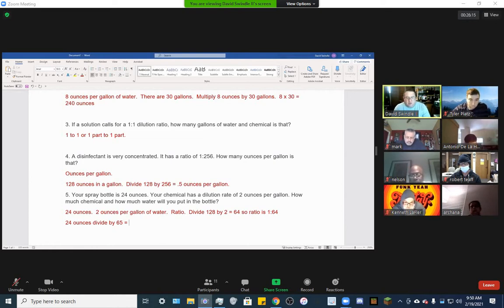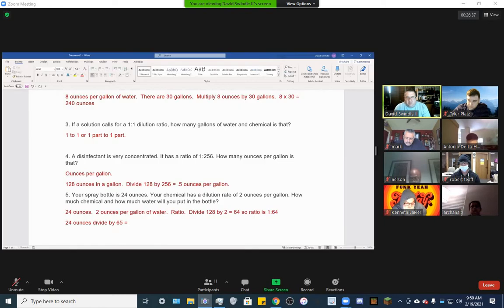The reason we do that is we have to have room for the chemical and the water. They both are components of it. And to fill up that 24-ounce bottle, we need to be able to do both. All right, so we do the math here. Grab my calculator.